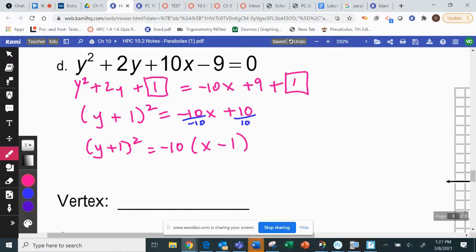So Sam, where's my vertex? What'd you say, Sam? I did this before, and I didn't do the x-intercept. I'm asking for the vertex for D. 1, negative 1 is correct.